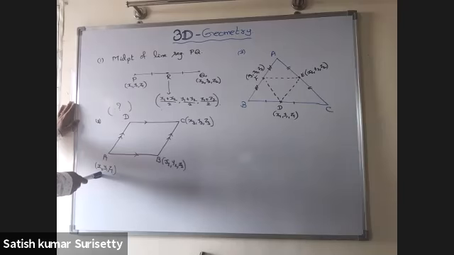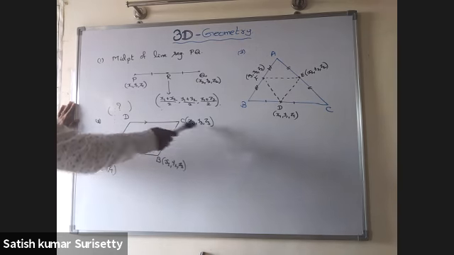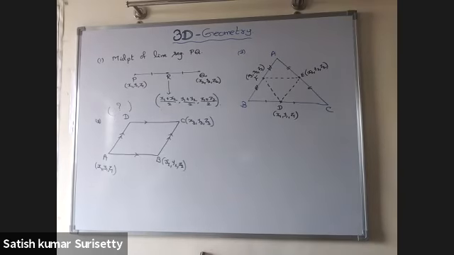Let A(x1, y1, z1), B(x2, y2, z2), C(x3, y3, z3) and D be the consecutive vertices of a parallelogram ABCD.